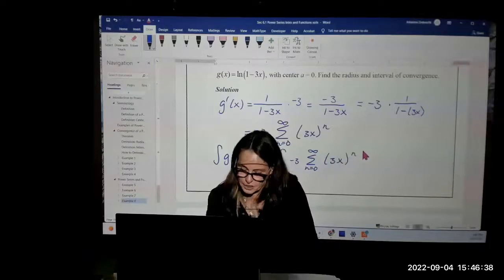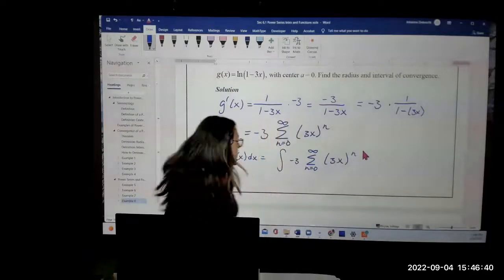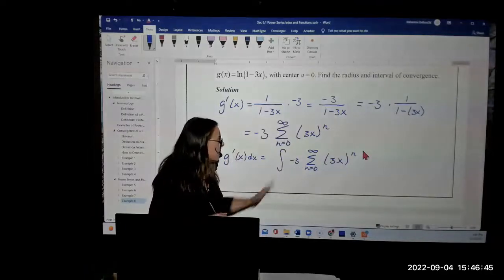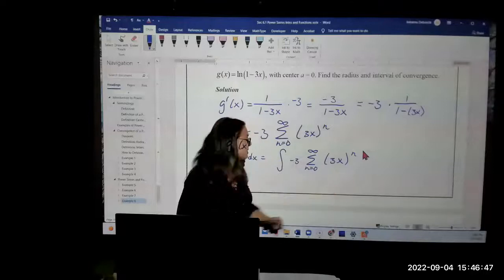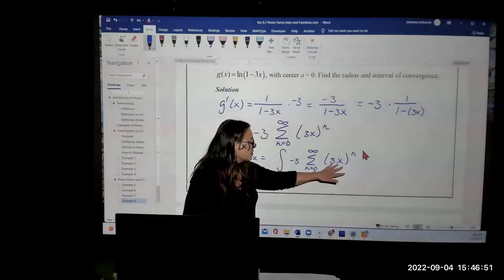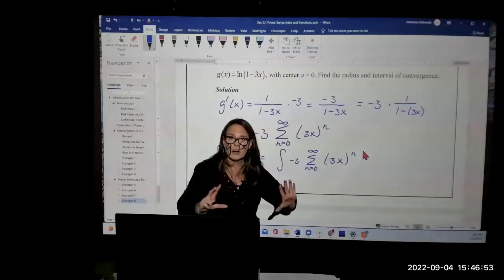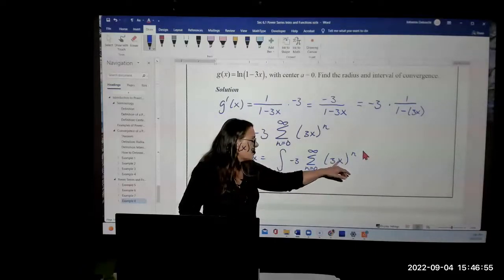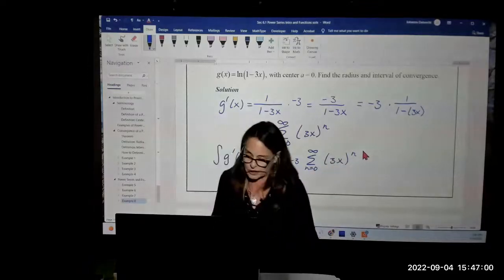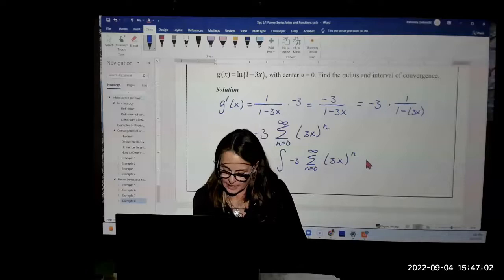Now, in order to integrate the series 3x to the n, I know the negative 3 is a constant. I can just pull that to the front. I could even push it inside the series if I want to. I've got to separate this 3 and this x apart because the 3 is a constant, and I want to go ahead and figure out what the powers are without having them combined together.